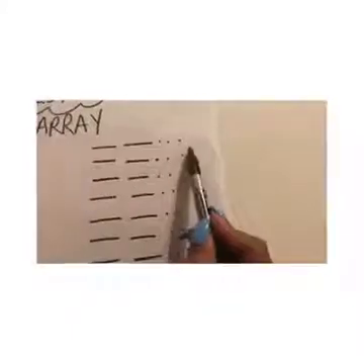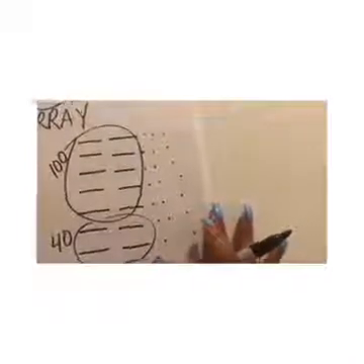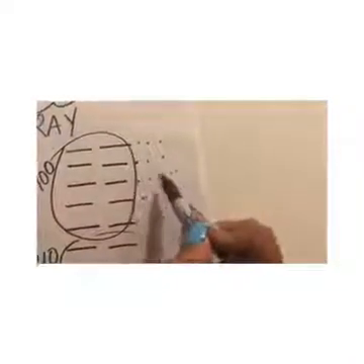Now, I'm going to count my rows. If you notice, I always count my 10s first. You don't want to have to do 23, then add on, then add on. So I always count my 10s first. 10, 20, 30, 40, 50, 60, 70, 80, 90, 100, 110, 10, 20, 30, 40. And then I'm going to do my ones. 1, 2, 3, 4, 5, 6, 7, 8, 9, 10.